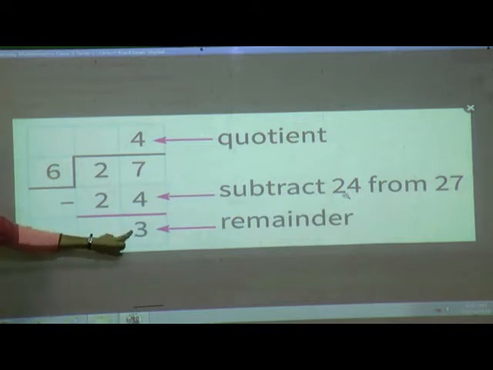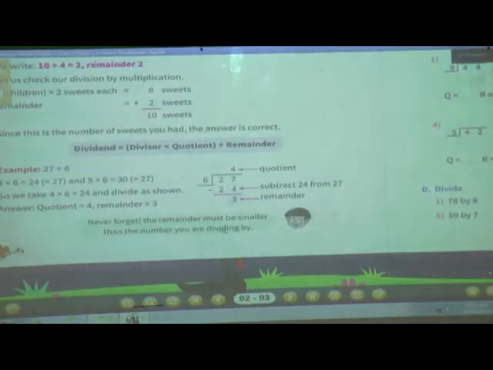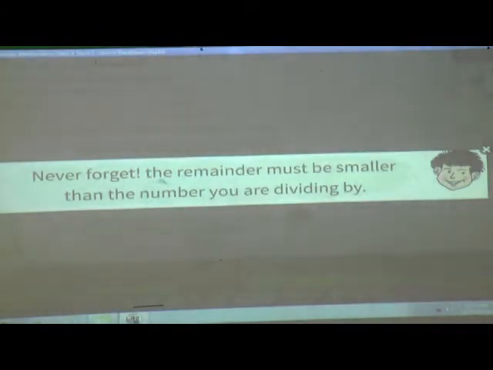Now here you can see 3 is smaller than 6. So here is one more rule that you have to keep in your mind. Never forget that the remainder must be smaller than the number you are dividing by, meaning the remainder must be smaller than the divisor.